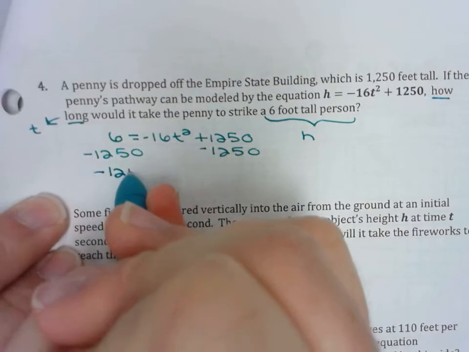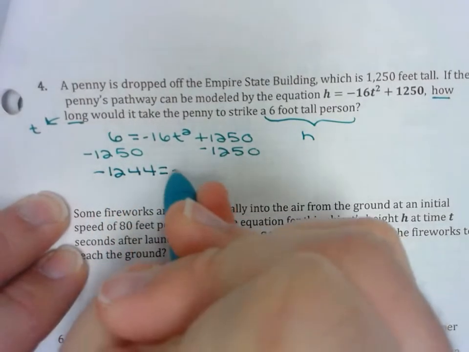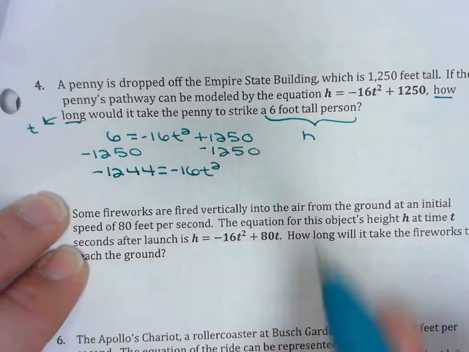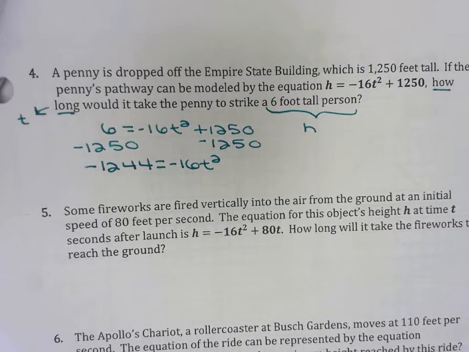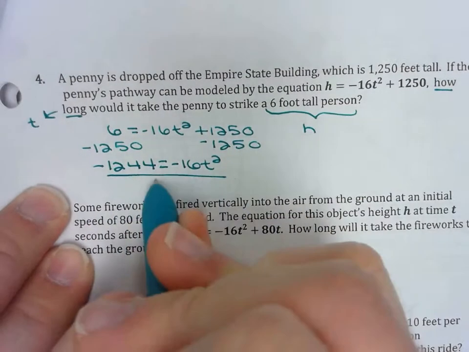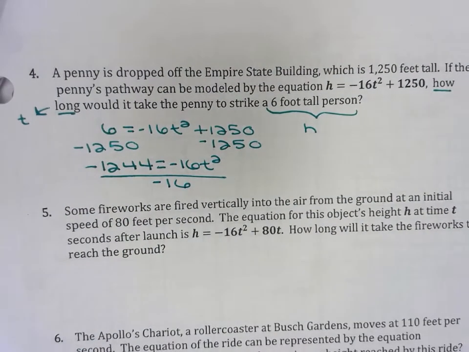Negative 1,244 equals negative 16t squared. I cannot take the square root because t squared is not by itself. I have to divide by what? Good. So that divided by negative 16.